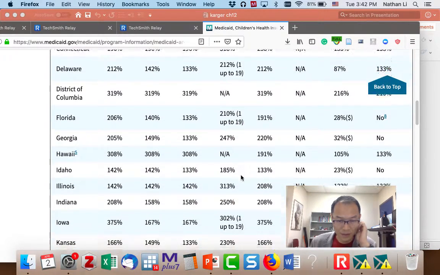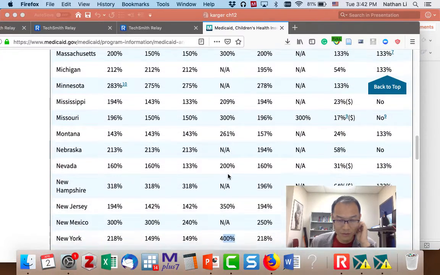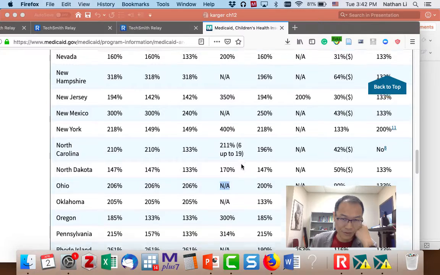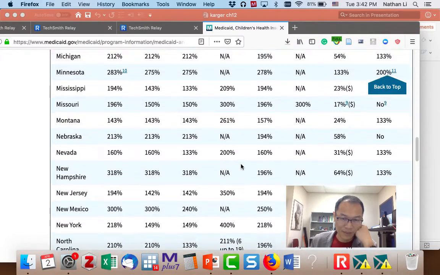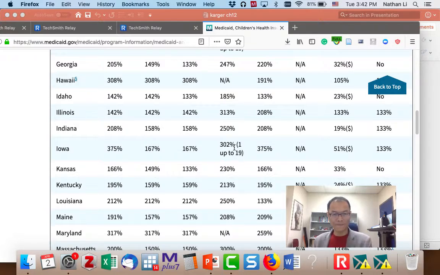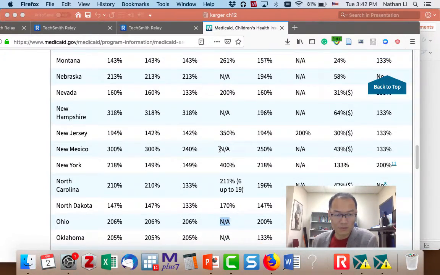I didn't see anything like 133 here in this column. Or maybe New Mexico then. Yeah, New Mexico. Where it says NA, there's no expansion for the children under CHIP. Okay.